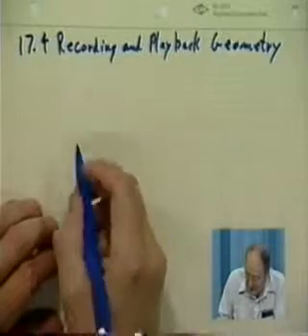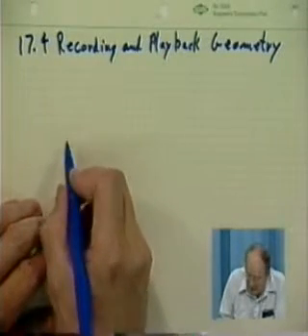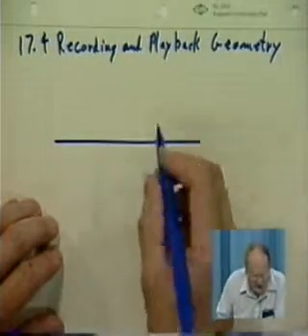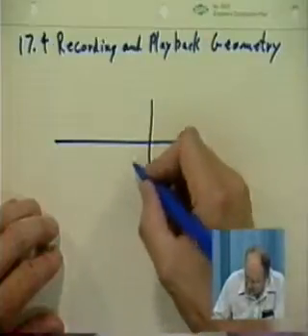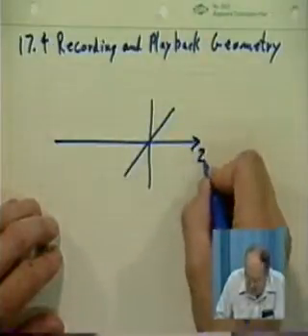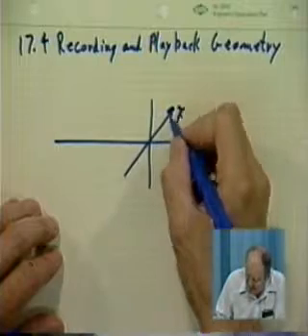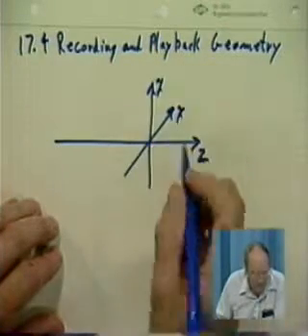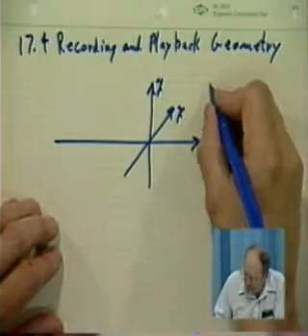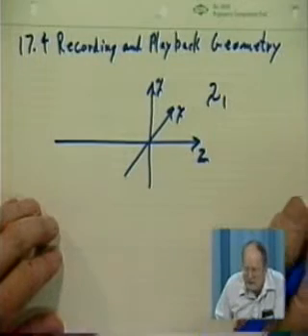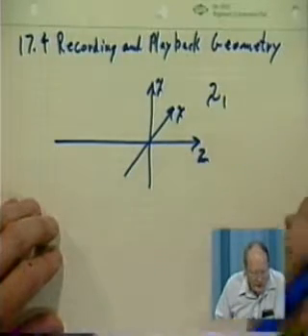Anyway, we're going to make a hologram here. Say this is Z, and this is X, and this is Y. We're going to make it using a wavelength lambda 1, and when we reconstruct it, we're going to use a different wavelength.